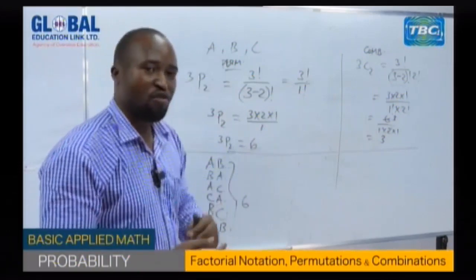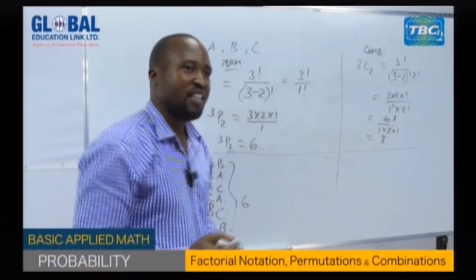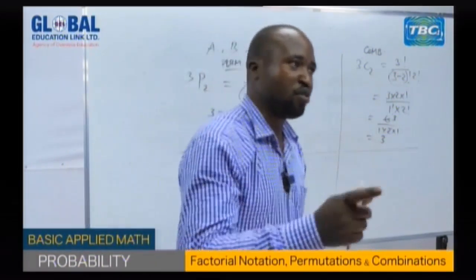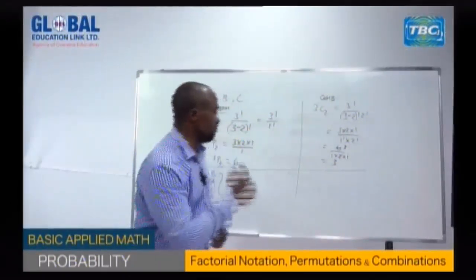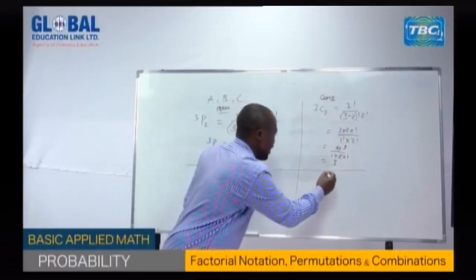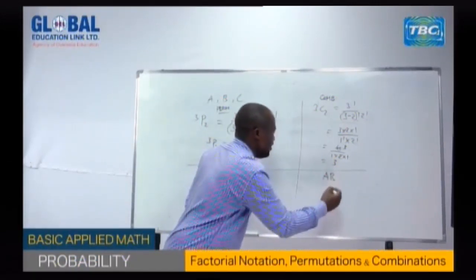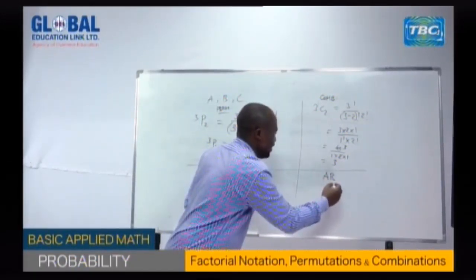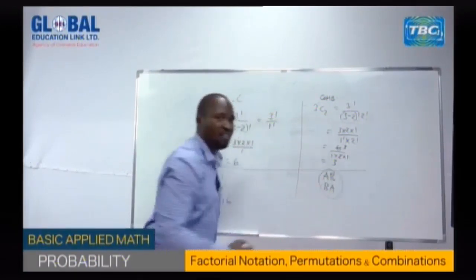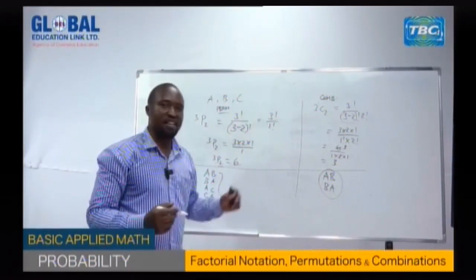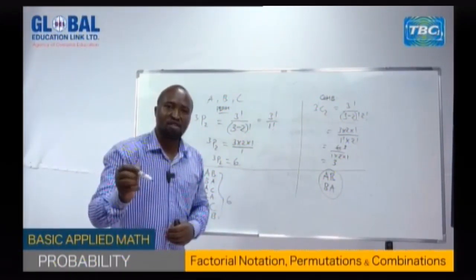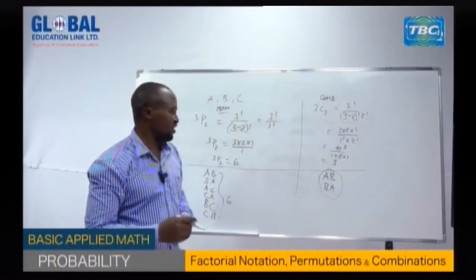But for the case of combination, remember, order is not important. So, A, B is the same as B, A. You can group like this. That is, AB is the same as BA. Why? Because the order is not important.